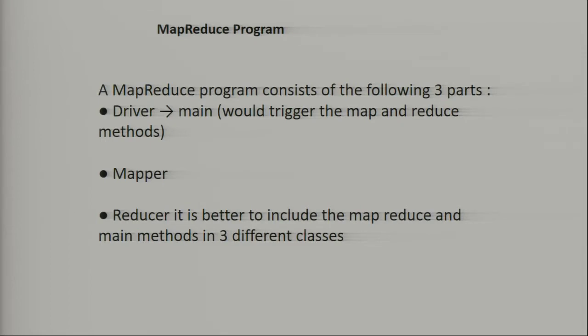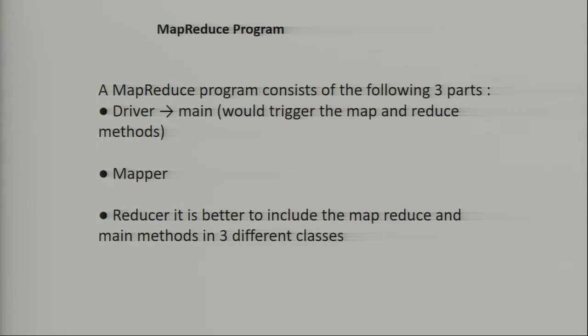Next we have another part, the mapper. When we talk about the mapper, we need to understand how the mapping takes place and what happens in it. You have to associate what we have learnt in the MapReduce concept with this programming part.